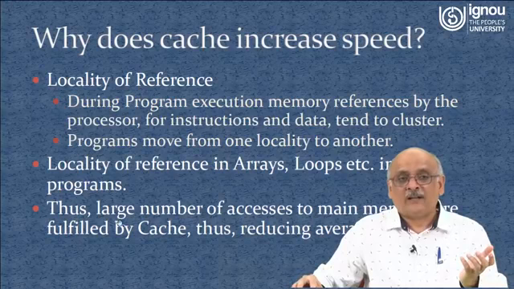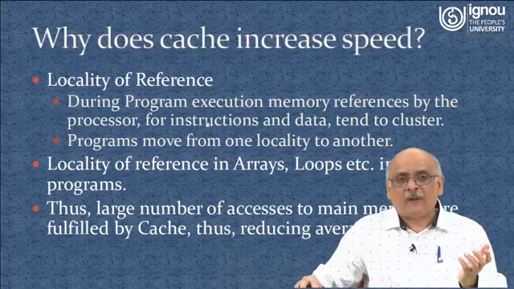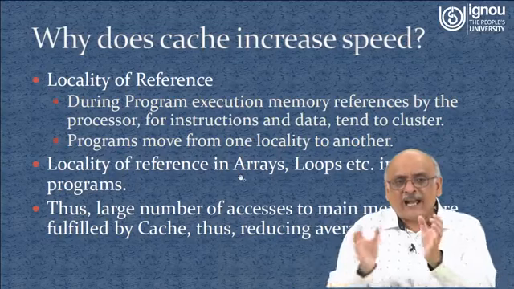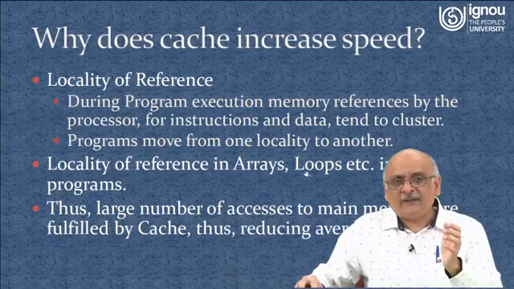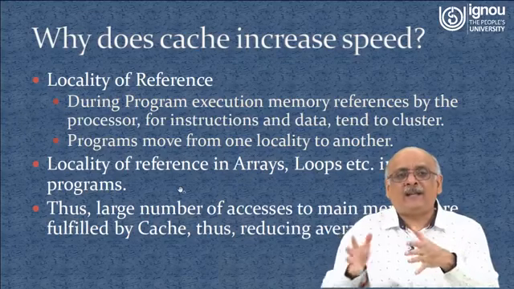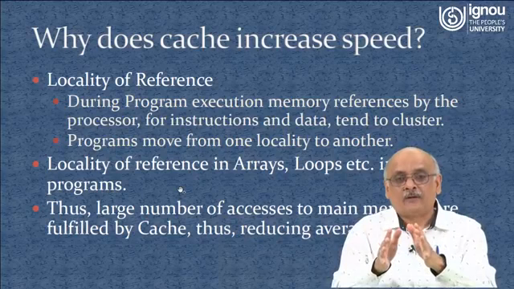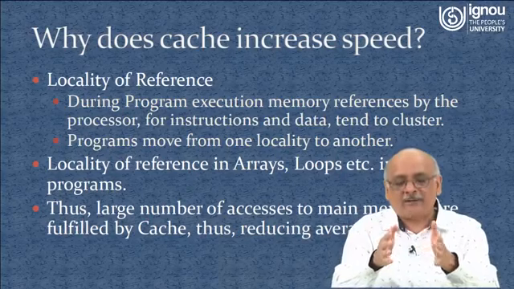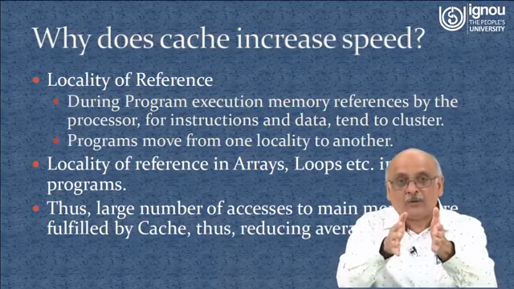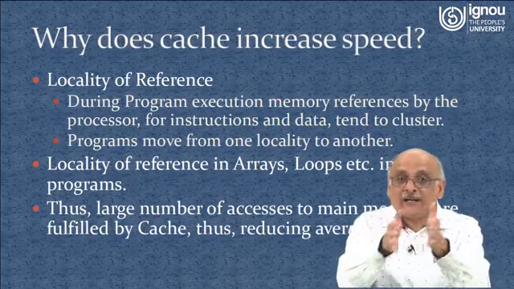Thus, a large number of accesses to main memory are fulfilled. So what are we going to do? We are going to bring the content which is currently required by the CPU for execution of the program from the main memory into the cache memory.